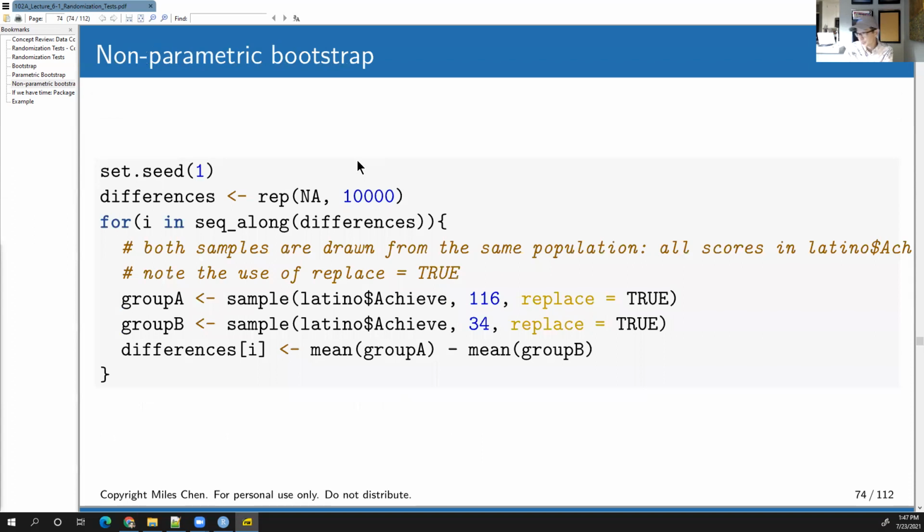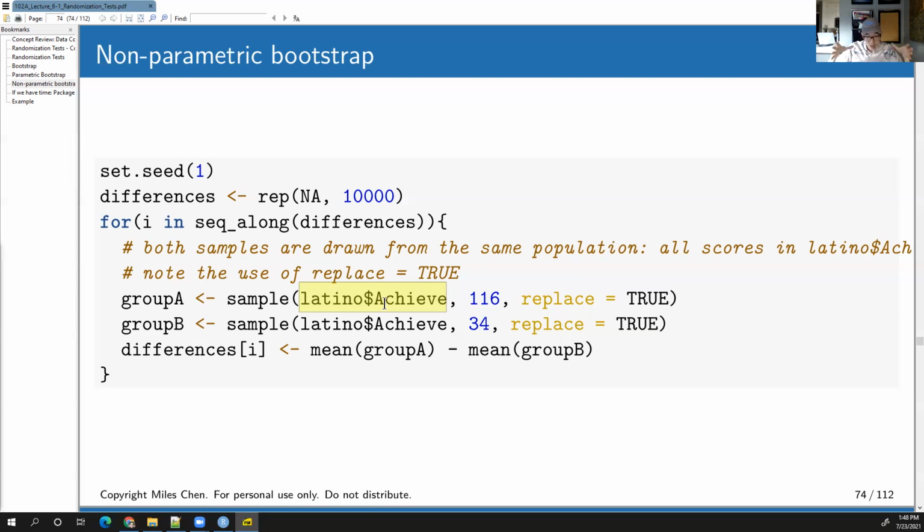And so this is what we have. I'm going to keep track. We're going to do this 10,000 times, and we're going to keep track of our differences. We're going to sample 116 values with replacement from the entire column of achievement scores. So Latino$achieve is all 150 scores. Some of them correspond to immigrants from Mexico, and some correspond to immigrants from other Latin American countries, but here we're going to take all 150 values and treat them as one population, and draw the values.